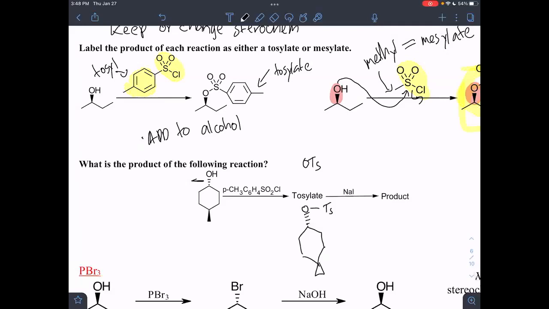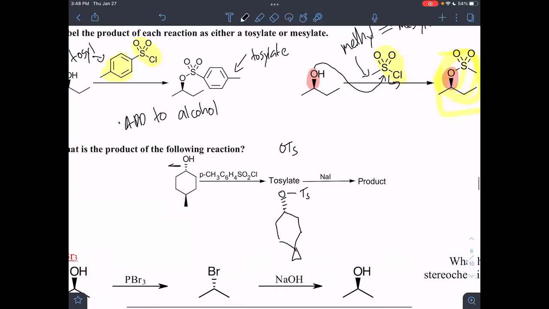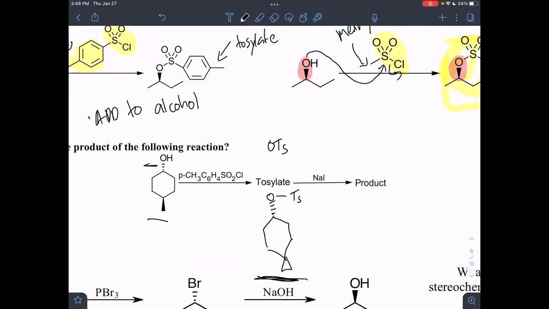And there's one more step before we get our final product. First of all, did the first step make sense to everyone, how we went from the alcohol to this tosylate? Okay, so in the second step, what do we have? Which will go and kick off the OTS in an SN2.